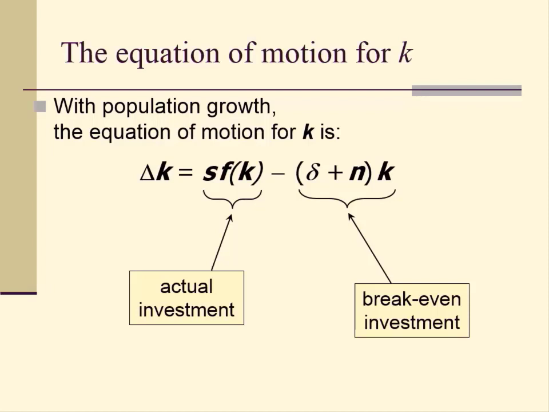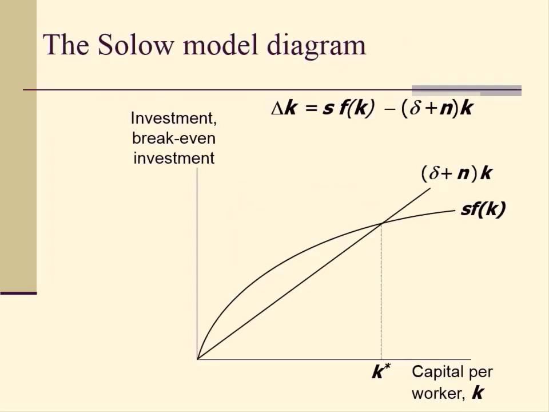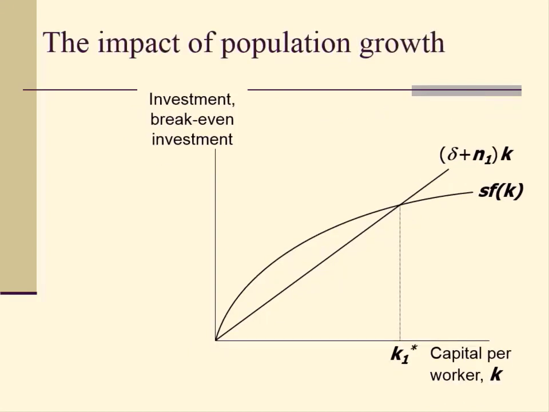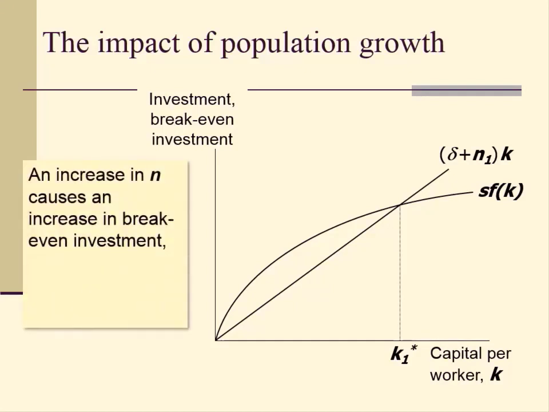Graphically, we just look for the intersection of s times f of k with (delta plus n) times k. With this new graph, we can now figure out the effect of population growth. So what's the impact of population growth? There is an increase in n, and the increase in n causes an increase in break-even investment. Let's say n increases from n1 to n2.